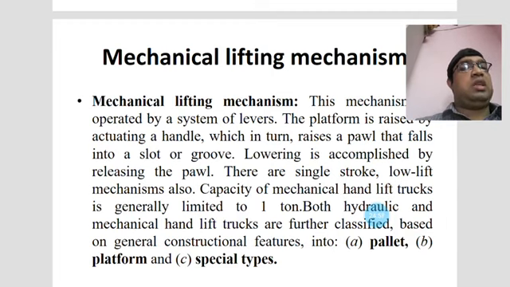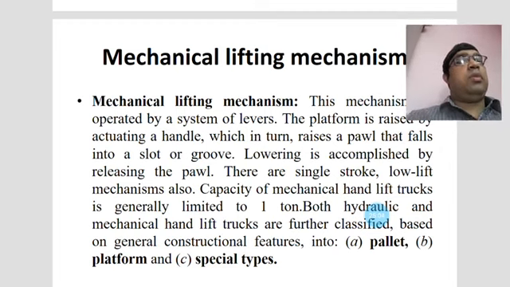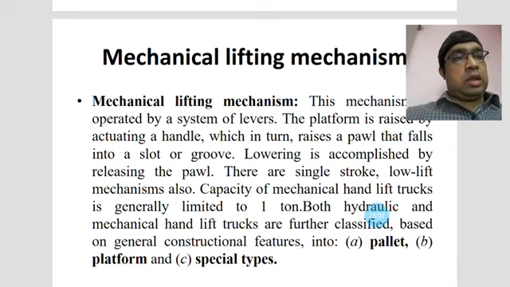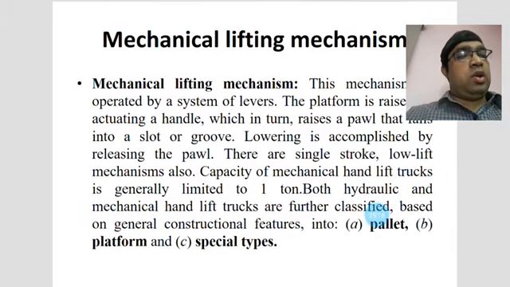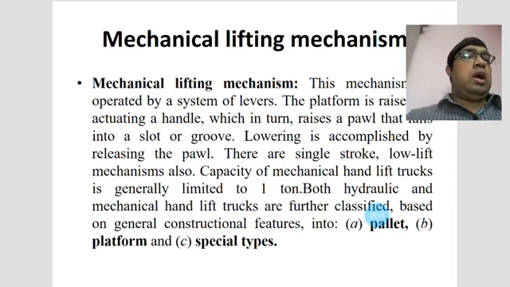The single stroke low lifting mechanism is also included in the mechanical lifting mechanism. Different types of links will be connected, and also different levers, and with the lever system you put in a low force and get much more benefit.